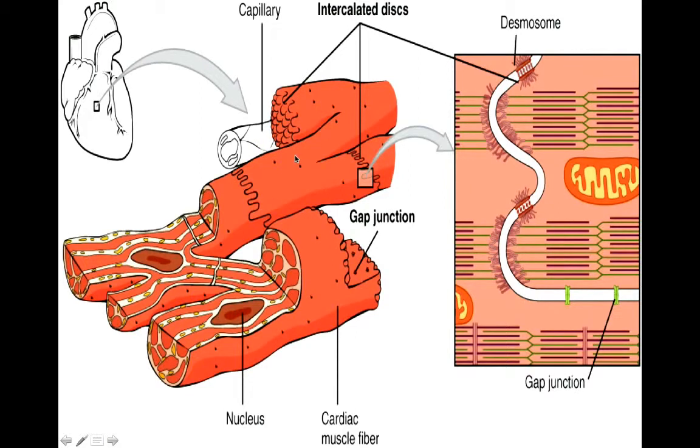So the whole heart is going to contract as one. In these intercalated discs, you're going to have the gap junctions. The gap junctions are like channels in between the cells that allow the movement of ions between them. So the cells are going to be stimulated by the electrical stimulation all at once. You probably remember the gap junctions from the cell bio lectures.